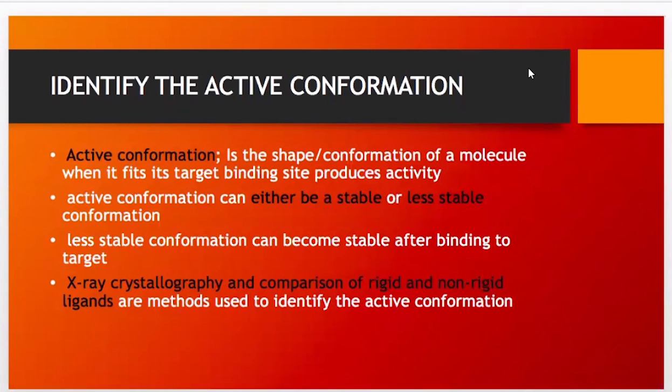The active conformation is the position of the structure that is able to fit well within the target binding site and be able to produce your activity. But the active conformation can be either stable or less stable. It's not automatic, but the most stable conformations will often be the active conformations.